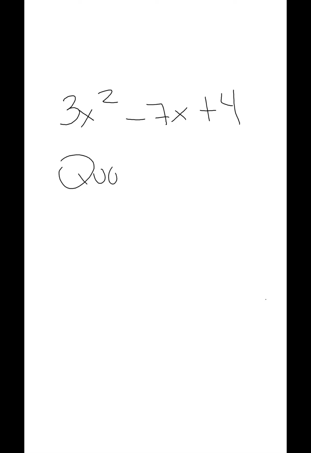If you have something like 3x squared minus 7x plus 4, this is in the quadratic equation form. This is a quadratic. We've talked about linear, we've talked about exponential, we've talked about now quadratic equations.